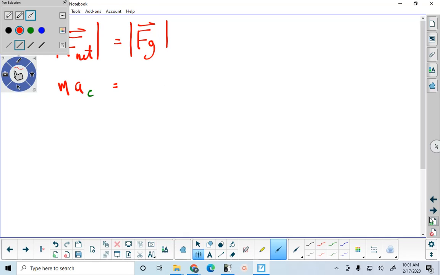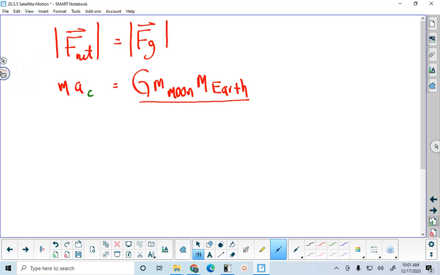Well, capital G times the mass of the moon times the mass of the Earth over the distance squared. We use Newton's universal law of gravitation.